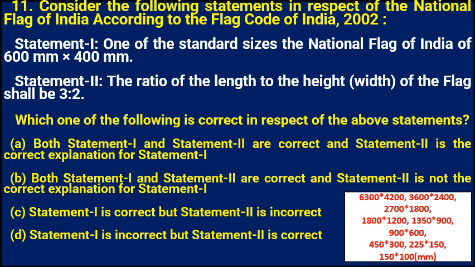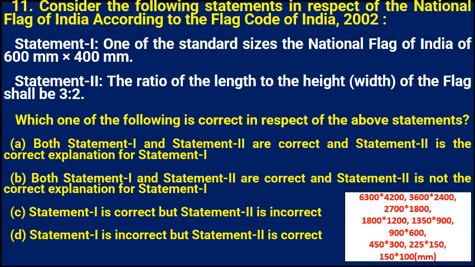Question number 11. Consider the following statements in respect of the national flag of India according to the Flag Code of India 2002. Statement 1. One of the standard sizes of the national flag of India is 600 into 400 millimeters.